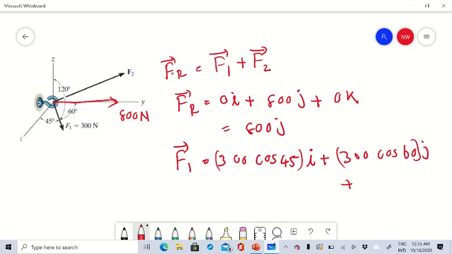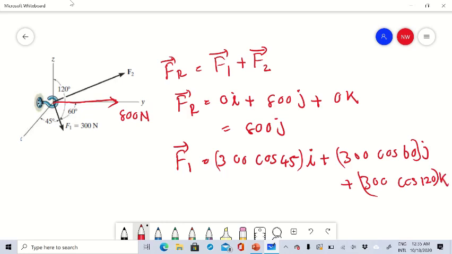The angle between the F1 and positive z-axis is 120. So it is 300 cos 120 k, right?